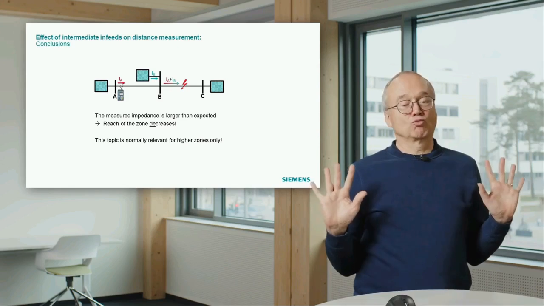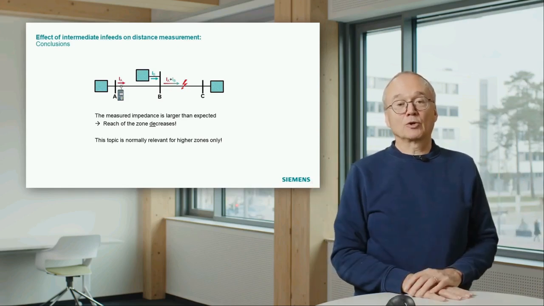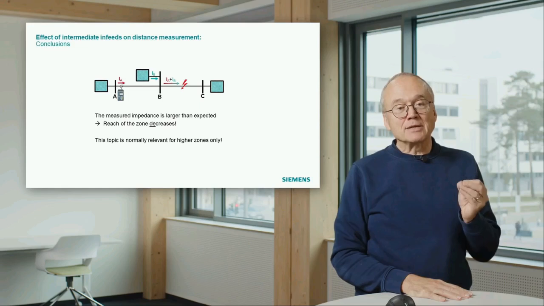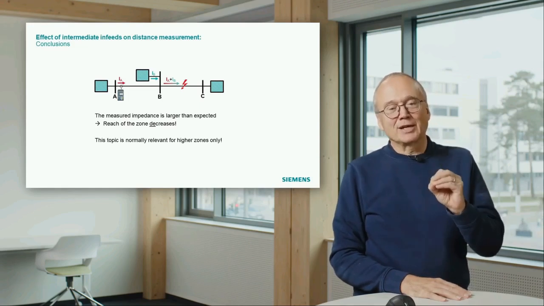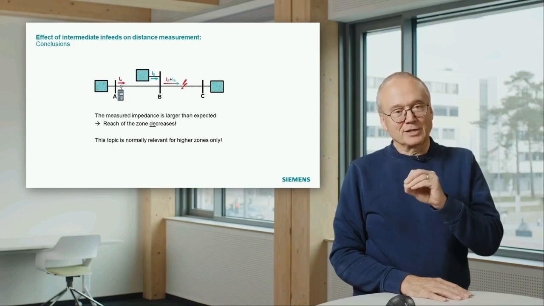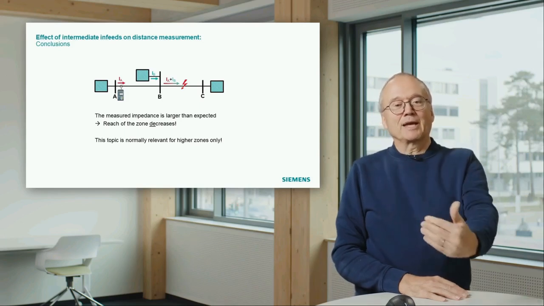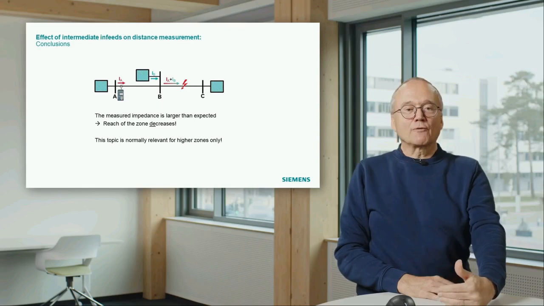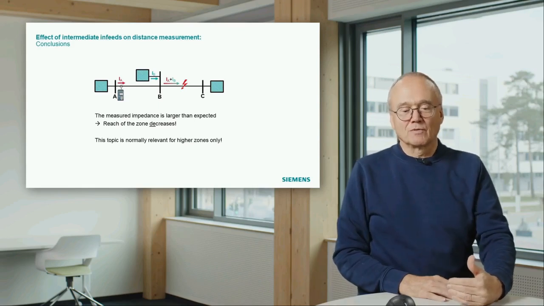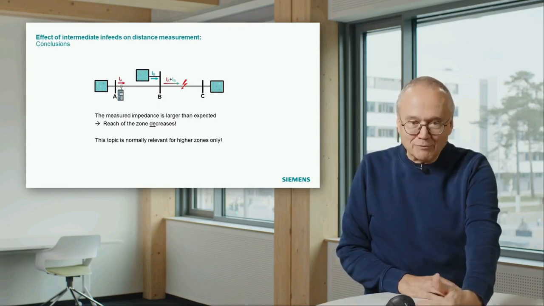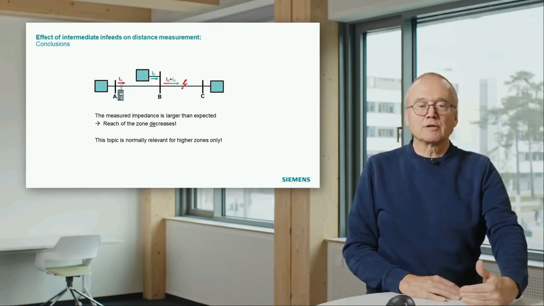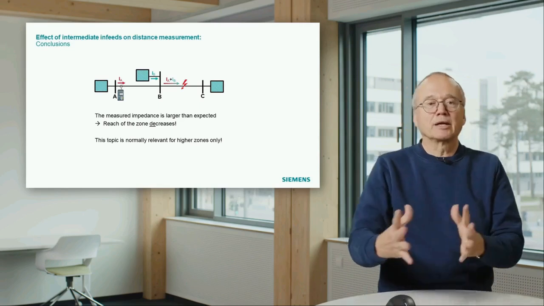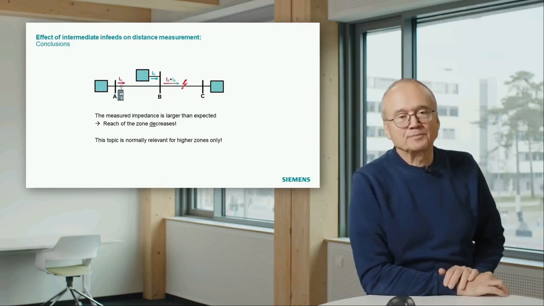The relay says, not in zone 2, I will not trip. That means the measured impedance is greater than it is in reality due to this effect, and the reach of the zone decreases. We no longer cover 70%, but maybe only 60, 50, 40, depending on this ratio.